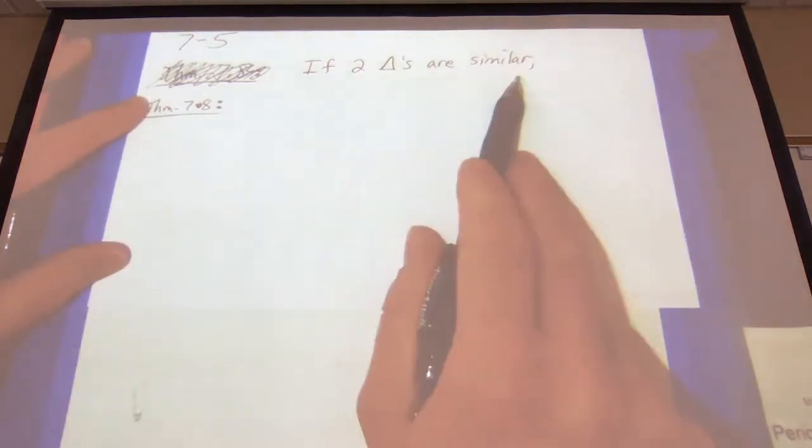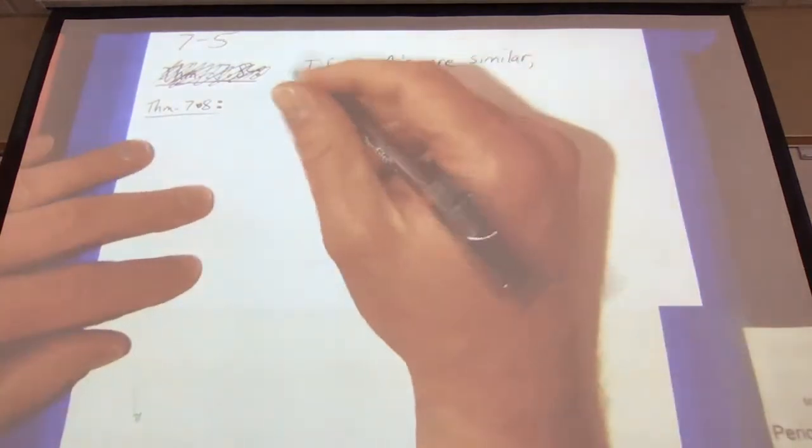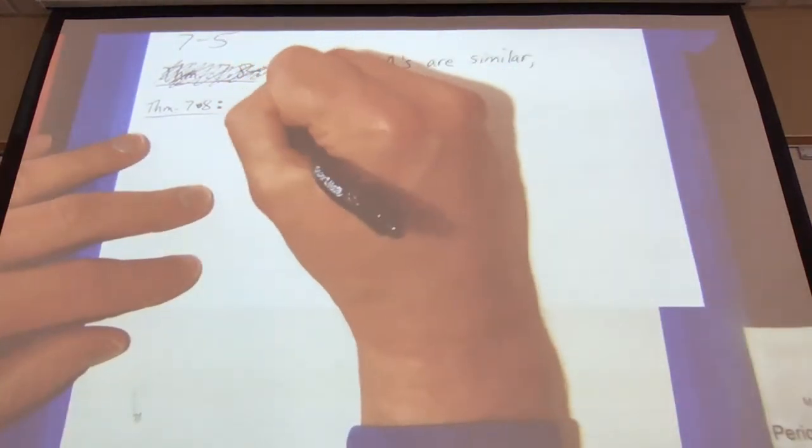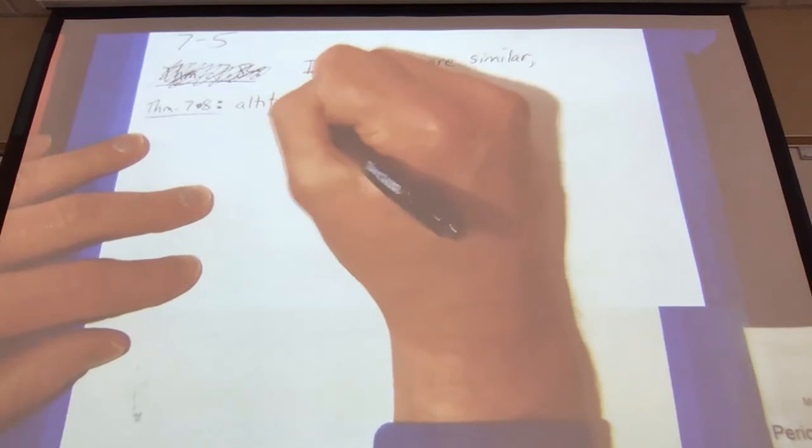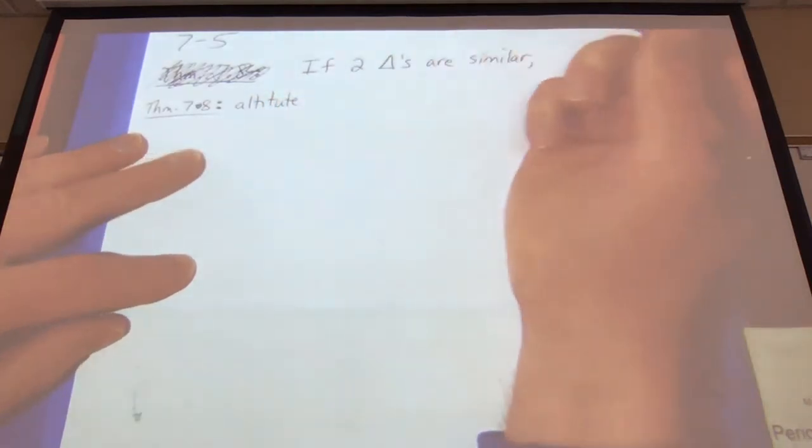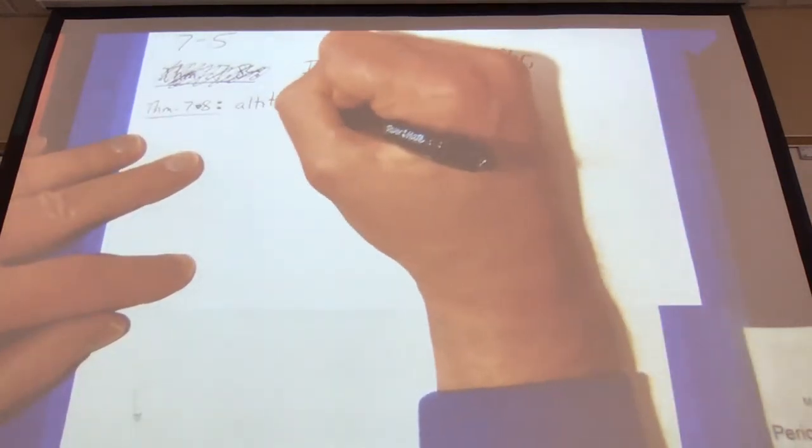All right, if your two triangles are similar, first thing that's going to happen, we're going to start with altitudes. I spelled that wrong, altitudes.